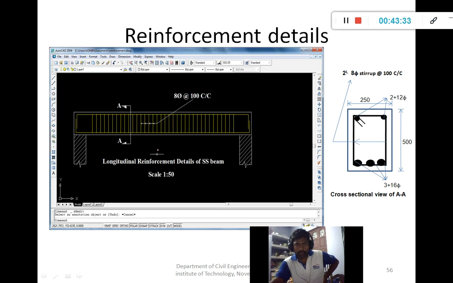This is a longitudinal view, and the cross-sectional cut of the beam along this line, and the sectional views are drawn here. The overall depth and beam size are given. 3 numbers 16 phi are used, and 2 numbers 12 phi are used, and the 2-legged, 2L, means 2-legged 8 phi stirrup at the rate 100 center to center.